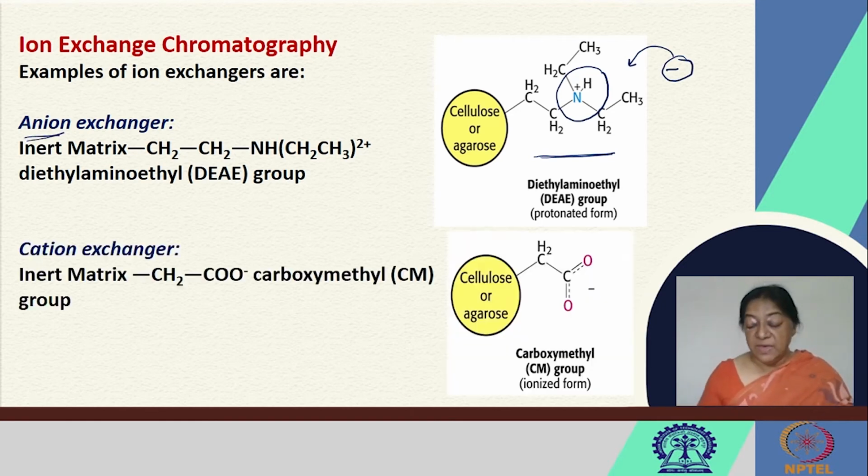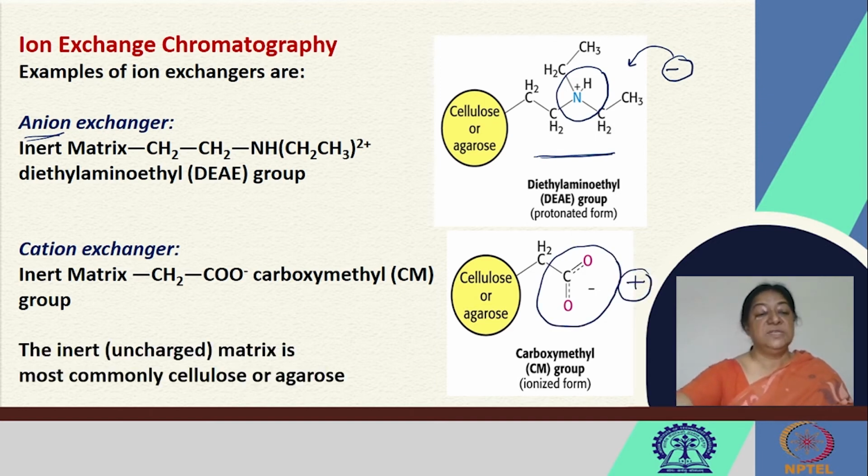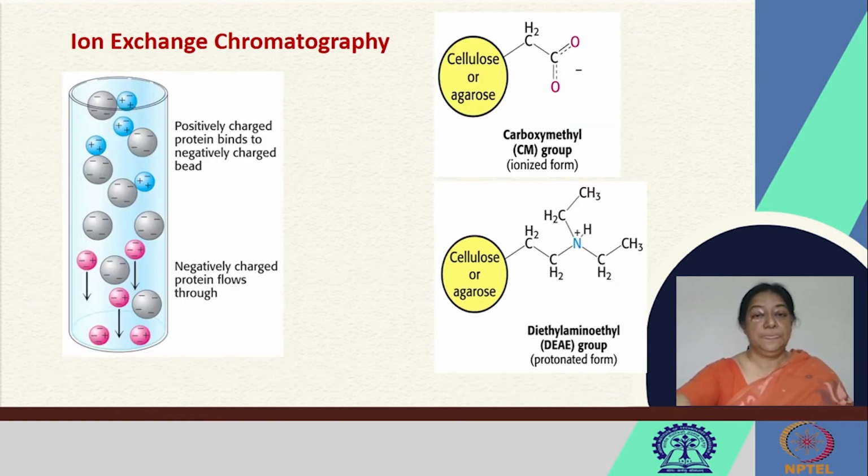Similarly, we can have a cation exchanger where our resin is negatively charged and our protein that would bind to this is positively charged. We can also have just the inert uncharged matrix, usually cellulose or agarose, to which the DEAE or the carboxymethyl group is linked. So depending upon the charge of the protein, we will have this isolation or separation.